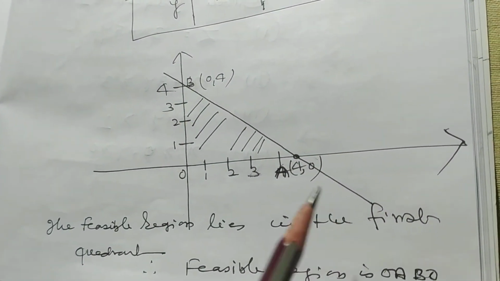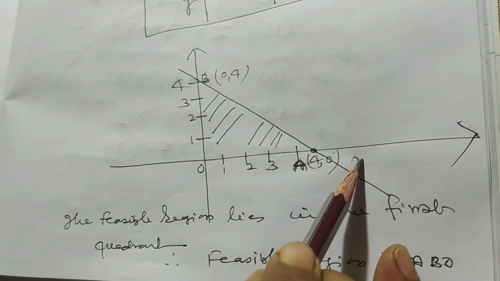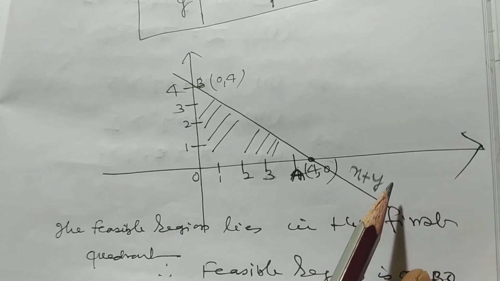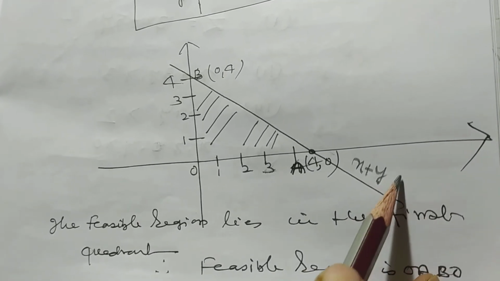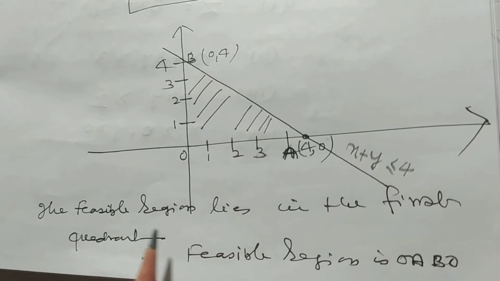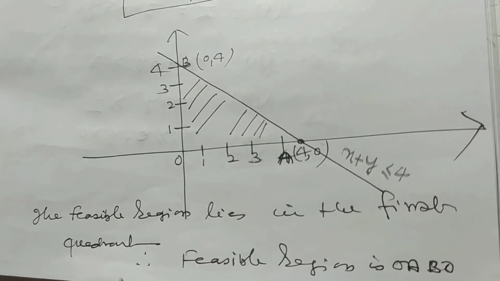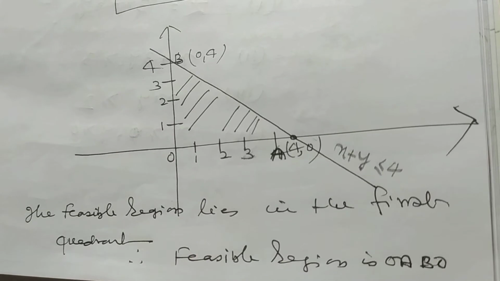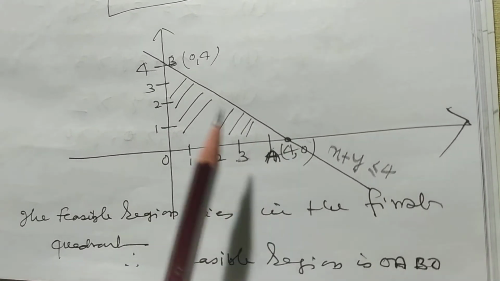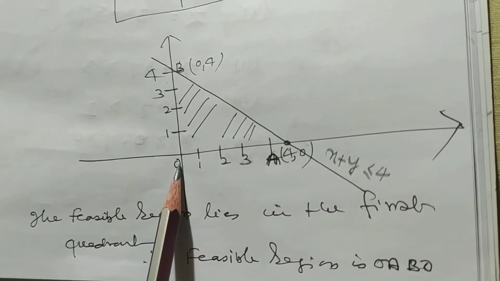This is the graph of equation 2, x plus y less than or equal to 4. The feasible region lies in the first quadrant. Feasible region is O, A, B, O.